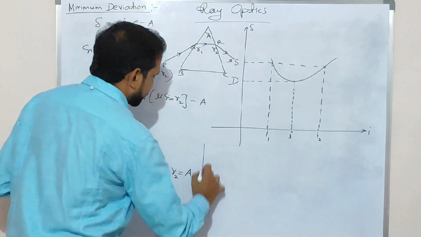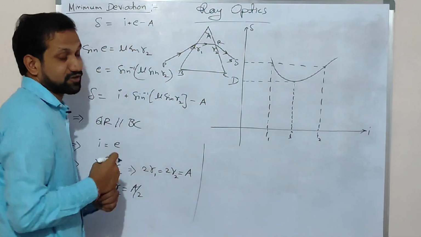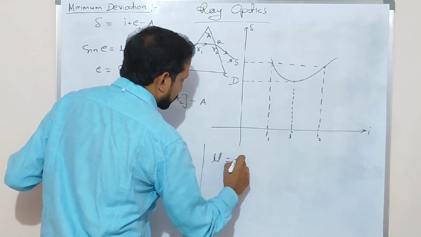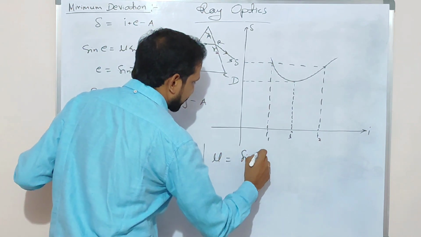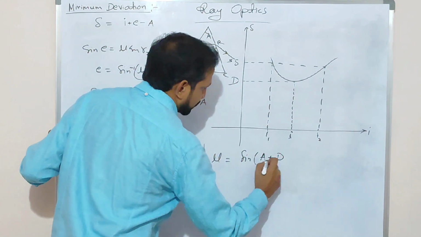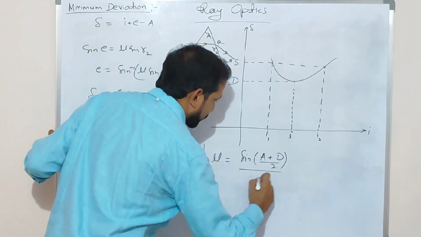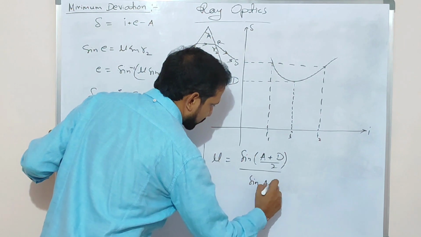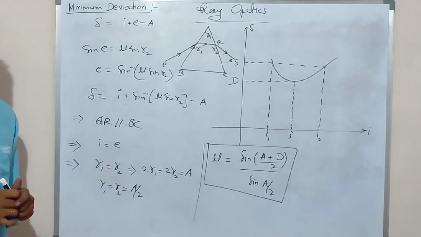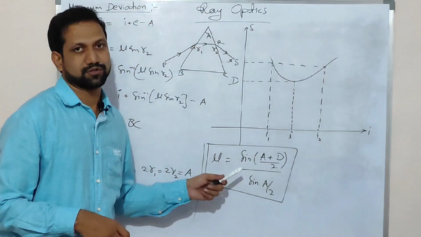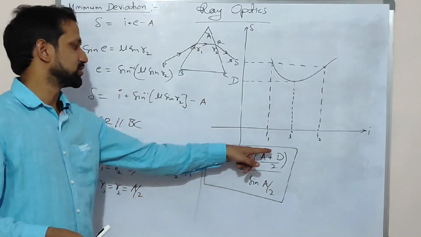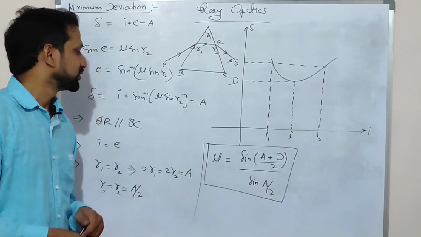If you apply these conditions in the first 4 equations, you will get mu equals sine of (A plus the minimum deviation D) divided by 2, whole divided by sine A by 2. This is a very important formula, because many problems can be asked based on this. So mu equals sine (A plus D) by 2 divided by sine A by 2.